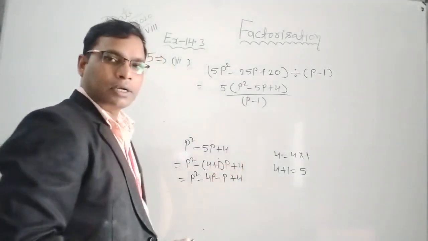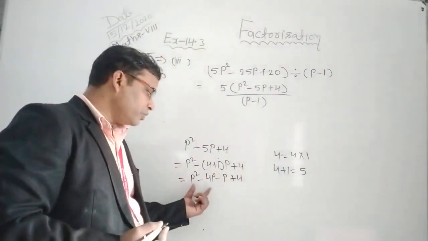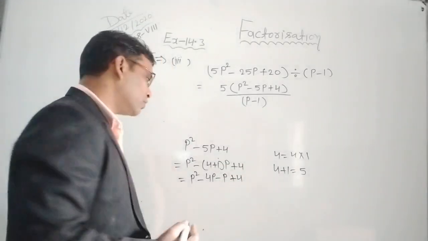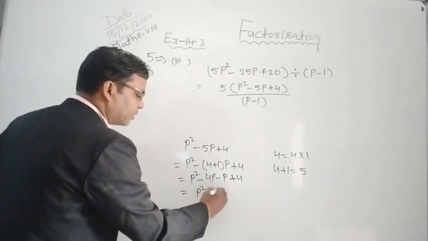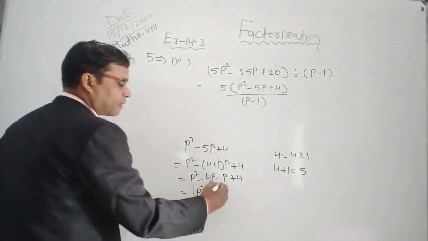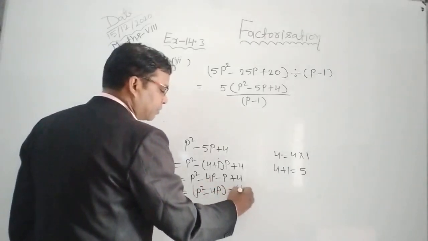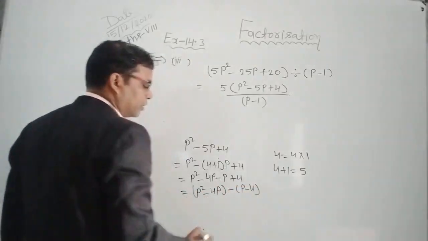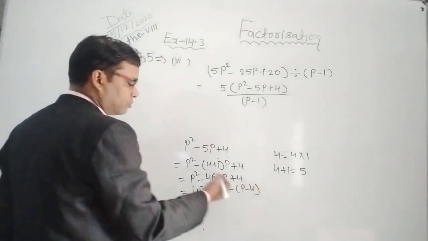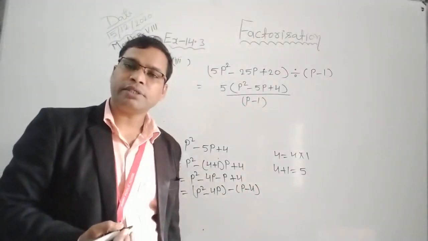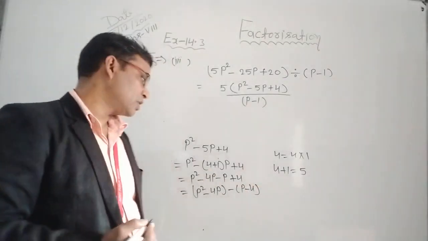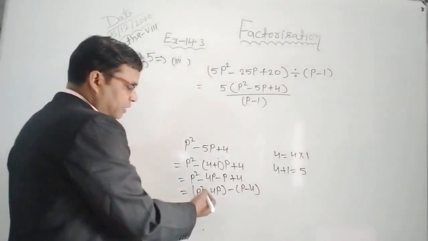Okay, and now after this we group it. So we take the first group. What is in the first group? P square minus 4p, and in the second group minus p plus 4. So we take the first two terms in the first group and the second two terms in the second group. This is clear now. So what is common between them?